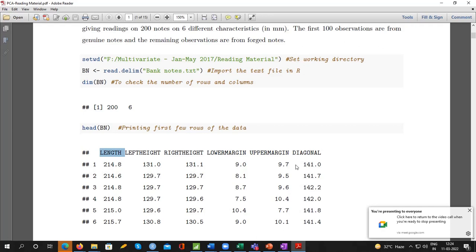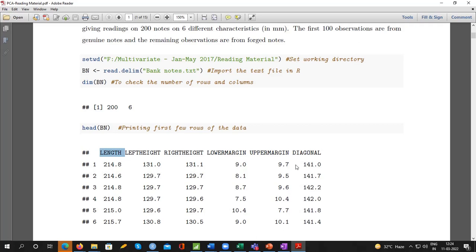What do you expect? Left height and right height should of course be very similar, because our note is supposed to be generally a rectangle. So left height and right height readings are supposed to be very similar, and here I have printed the first few rows and you can see that that seems to be the case.